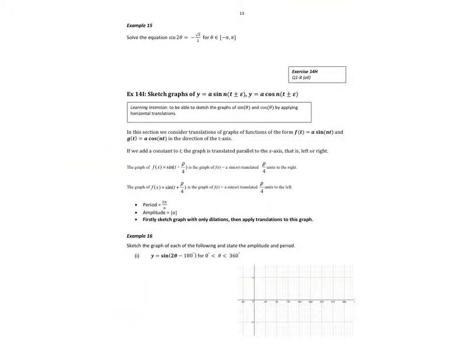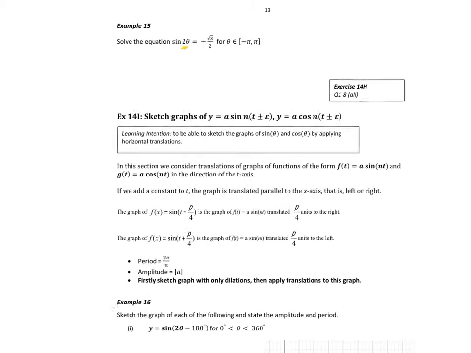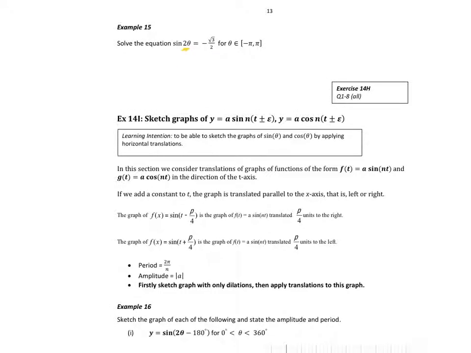Lucky last. So what happens here when we've got our little 2 theta there? Let's just get things a little bit bigger for us. The processes are the same. I'm going to do my little crosshairs.